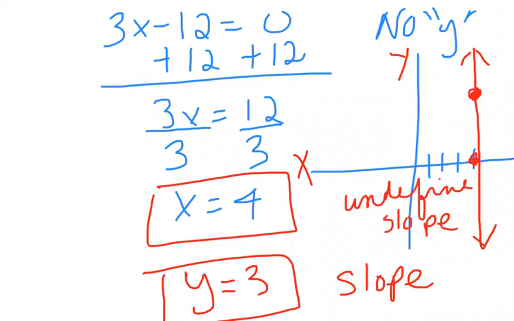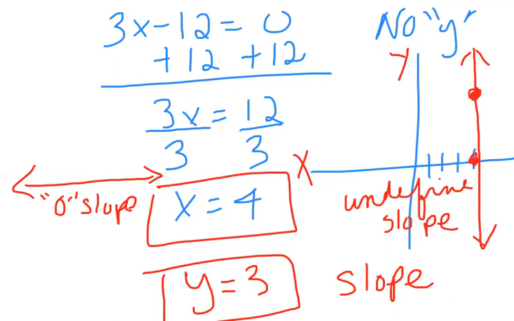However, if it's a horizontal line, like the one we graphed previously, this one represents 0 slope. Now I could elaborate on this a little bit more, but it's in the video. I will let you guys watch it because I go thoroughly into the difference between undefined slope and 0 slope and how you can tell the difference between the two. So make sure you guys watch that video on lesson 2.3 and 2.4. Okay.